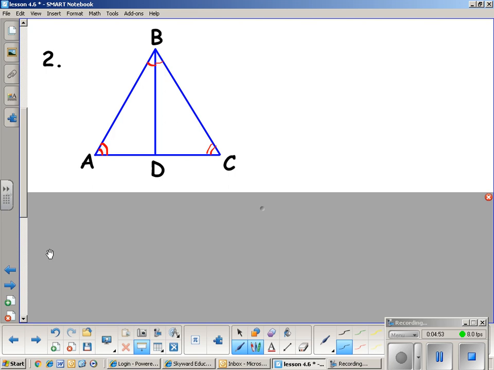I'll pause while you copy that down. So looking at this picture, just identifying the congruent statement. Emily, I don't think I've ever picked on you, but can you tell me what triangles are congruent here?